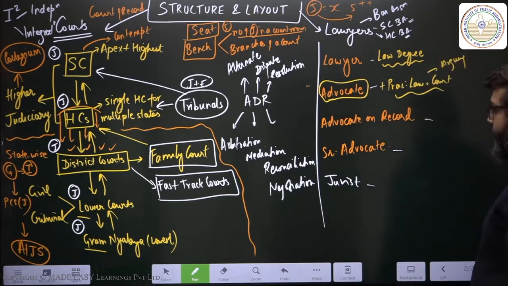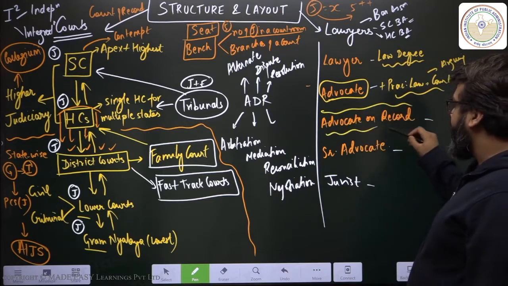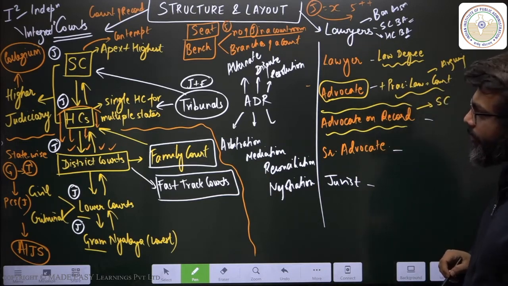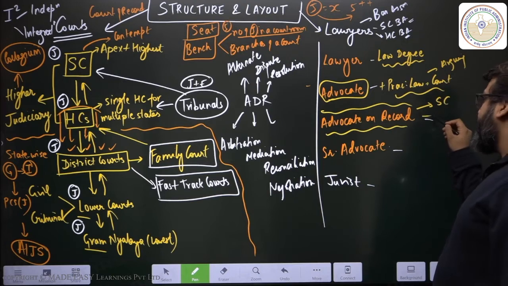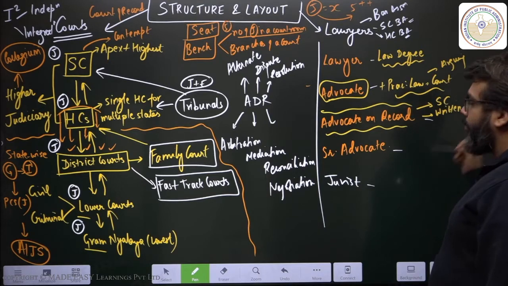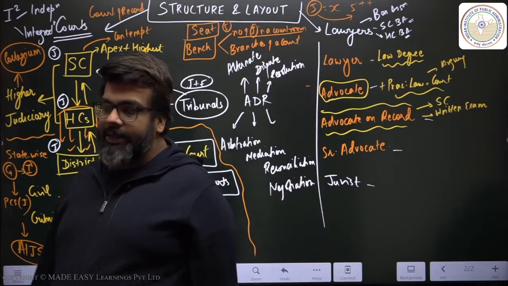Now, advocate on record is very interesting. This applies only to the Supreme Court, and there is a written exam for it. You have to have 5 years of law practice minimum to appear for this exam.